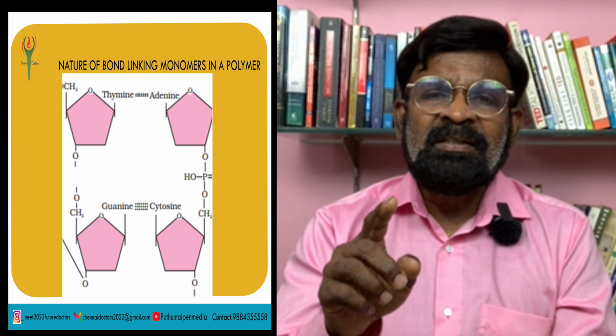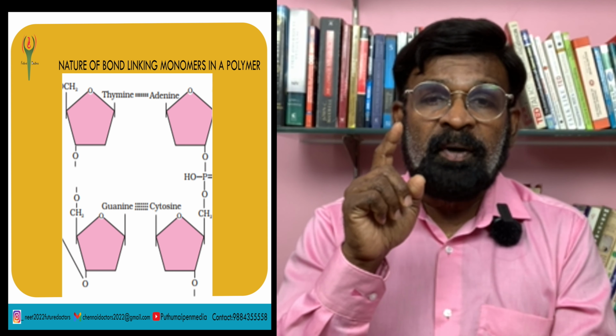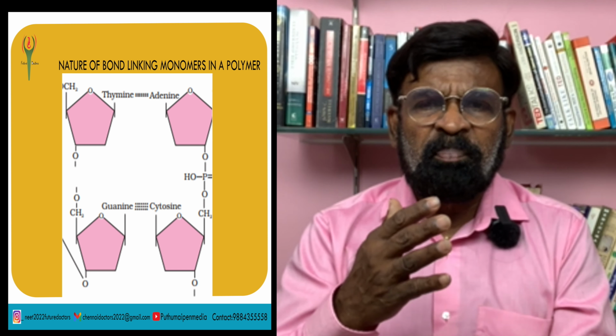The polymers described above in this topic are formed by combination or linking of one or more types of monomer units. So, in order to link these units together, various types of bonds are required depending on the nature and type of macromolecules. Okay. First, look at the peptide bond. What is a peptide bond?